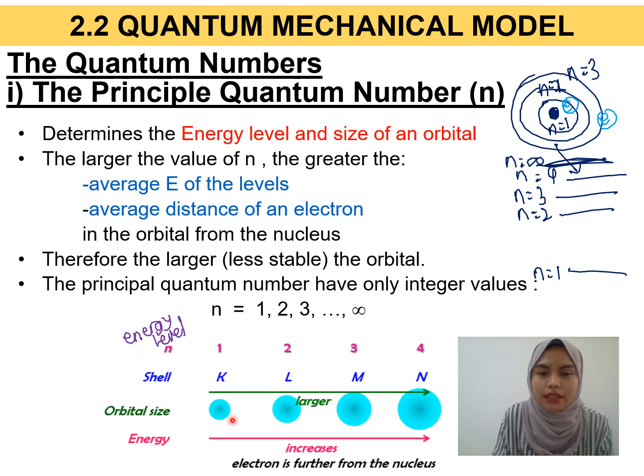The orbital size gets larger in line with the energy level, the energy increases in line with the energy level, and the electrons are also farther from the nucleus if the energy level is higher.